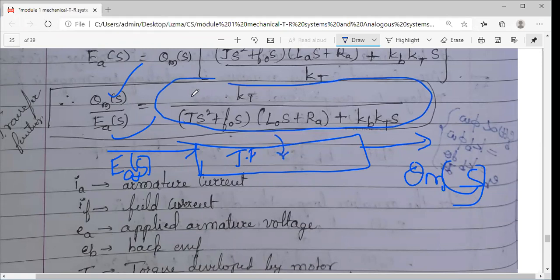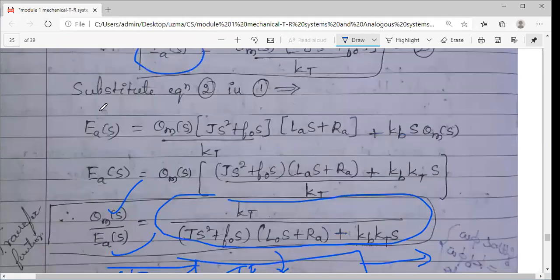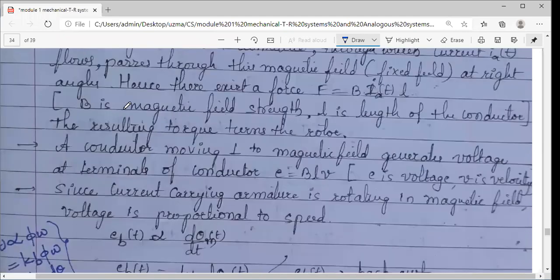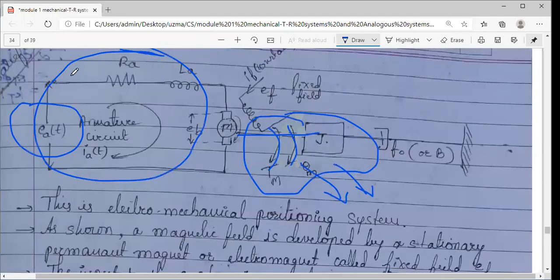Now we have to look at one more DC motor, wherein we are taking the concept based on field control. You can see in the armature control we have two different circuits. There is one armature circuit here, and we are using one permanent magnet or electromagnet here.